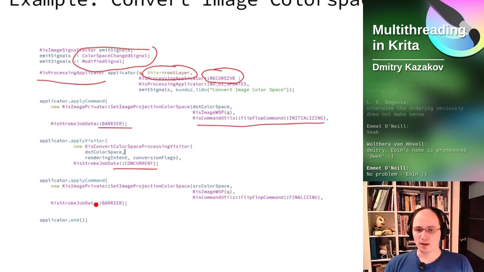And then we add the finalizing set image projection color space command, which is also barrier. It does nothing on redo, but it does its job on undo. And, well, we call end, and that's it. I hope the code doesn't look too... well, this is the case when code looks better than the illustration.